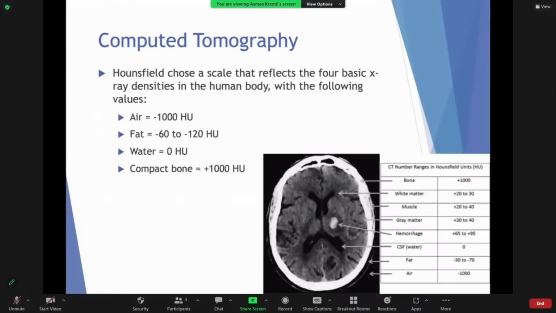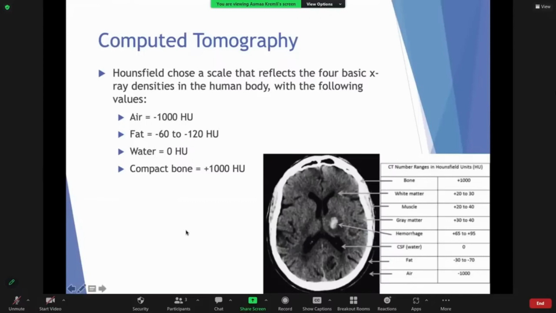Hounsfield chose a scale that reflects the 4 basic X-ray densities in the human body with the following values. Air is minus 1000 Hounsfield units, fat is minus 60 to minus 120 Hounsfield units, water is 0 Hounsfield units, and then compact bone is 1000 Hounsfield units.